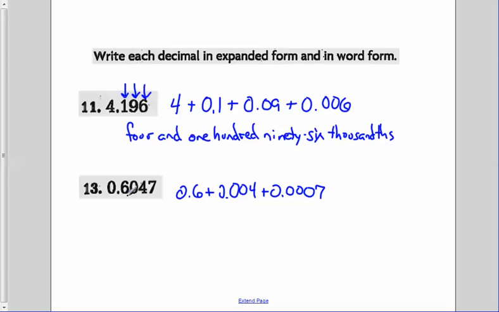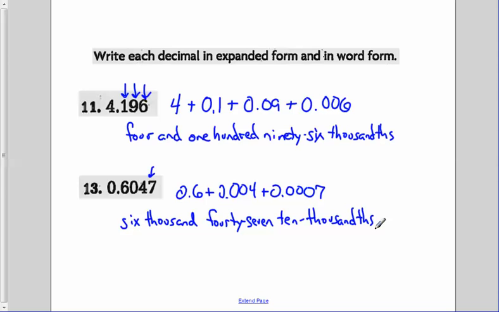And so I would say this as 6,047, just like I would if it was a whole number. But since the 7 is in my 10,000ths place, that'd be what my final place value label would be. So I say that this is 6,047 ten-thousandths.